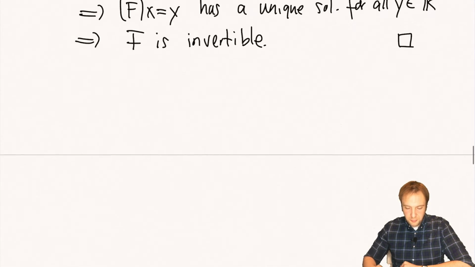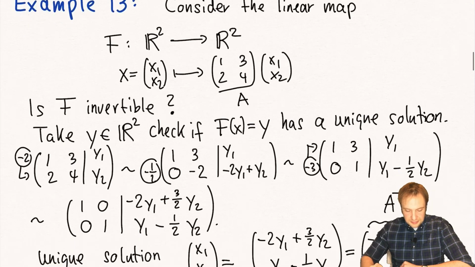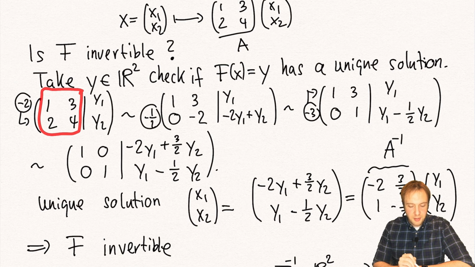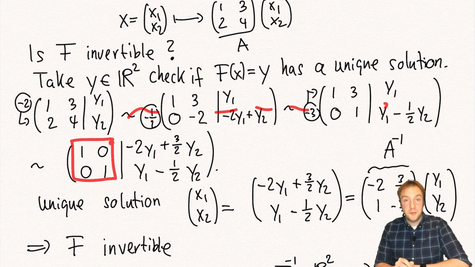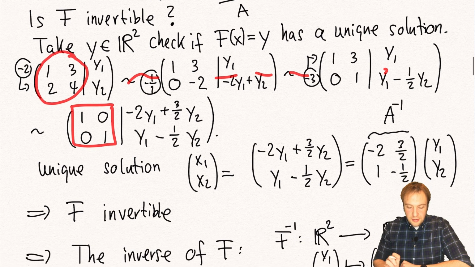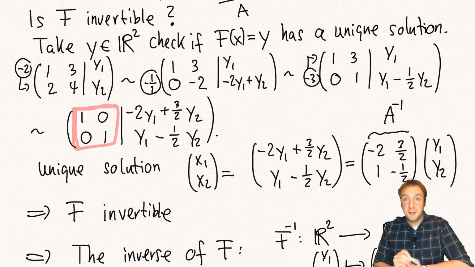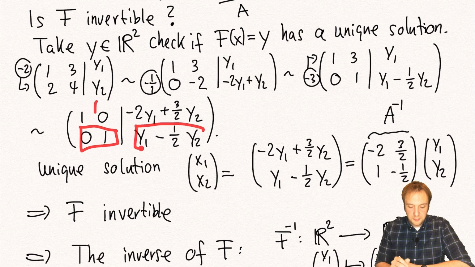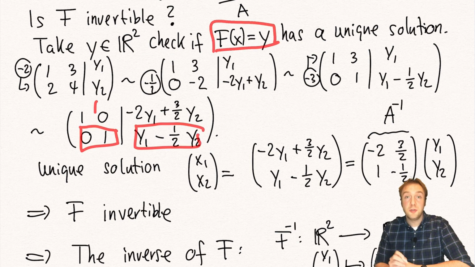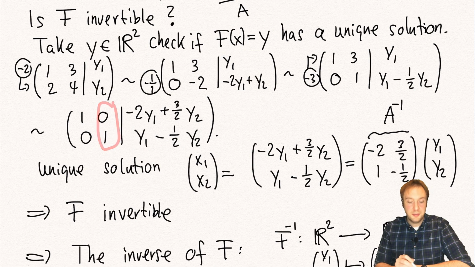Because this exactly corresponds to this fact here that I start with the matrix A, do some calculation, and the left-hand side here is the row-reduced echelon form of this matrix A. And this linear system has a unique solution for any y exactly when this part here is the identity matrix. There cannot be zero rows, because otherwise this wouldn't have a solution for any y, and it also cannot contain a zero column, or a column without a pivot element, because then it wouldn't be unique.